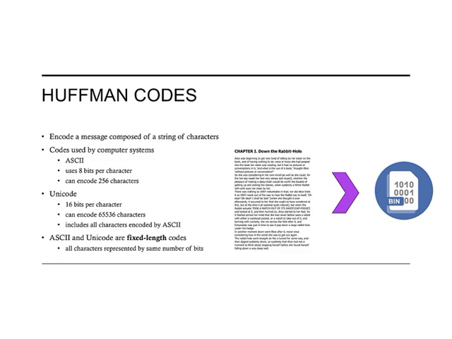ASCII codes use 8 bits per character, which means that by using this encoding system, we can encode 256 characters.